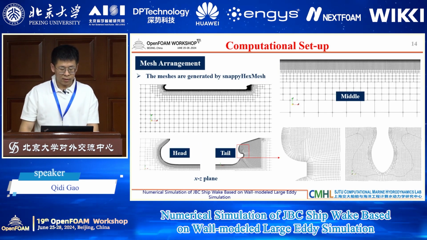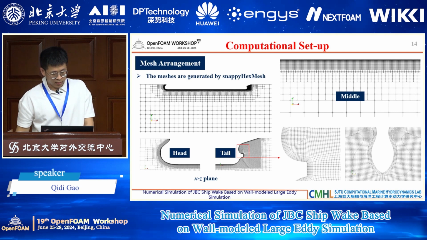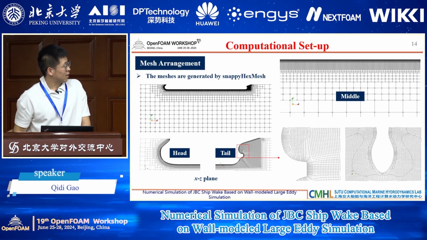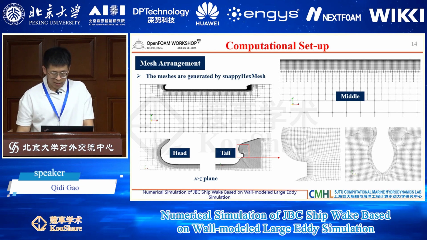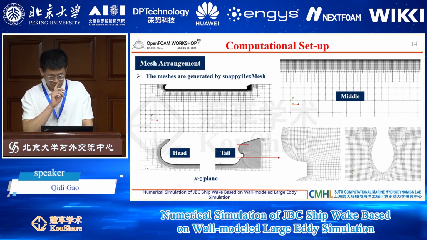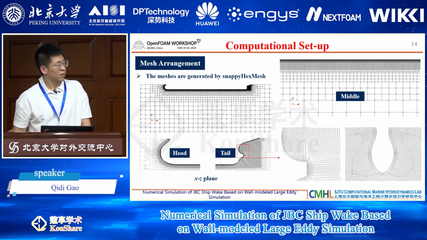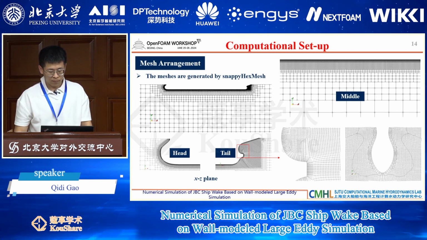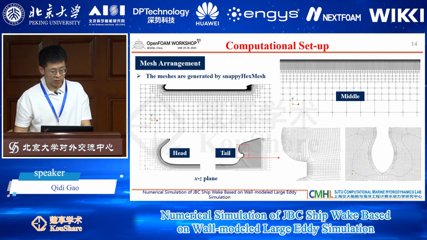And that is the mesh of the computation. The mesh is generated by snappyHexMesh in OpenFOAM. Because we want a detailed flow field, the mesh is an important part of our research.